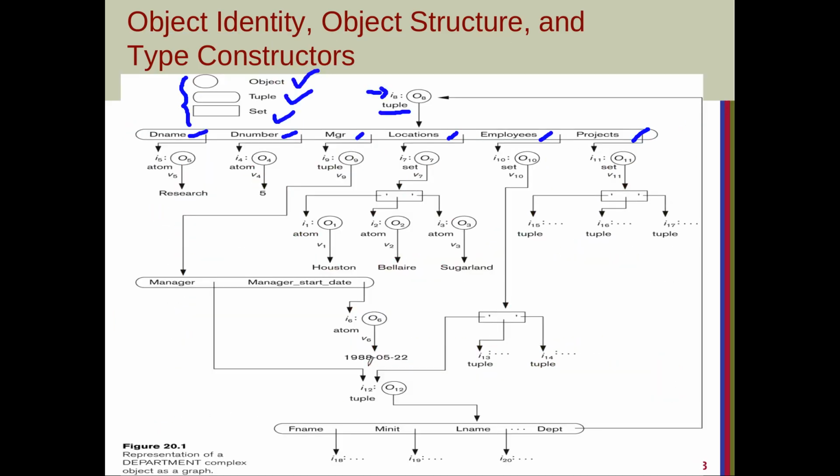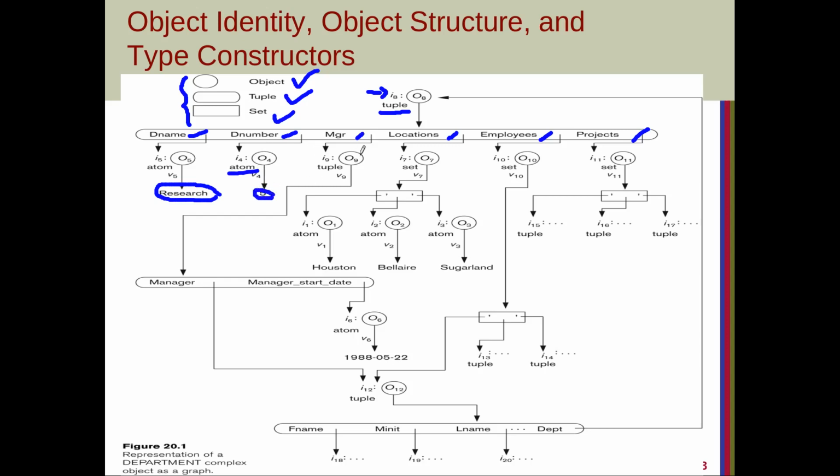So I5 is an atom. Object 5 is I5, which is an atom, and we put an arrow to research here. So that ends here. There is no further connection. Similarly, department number: object 4, I4, which is also an atom, value is 5.